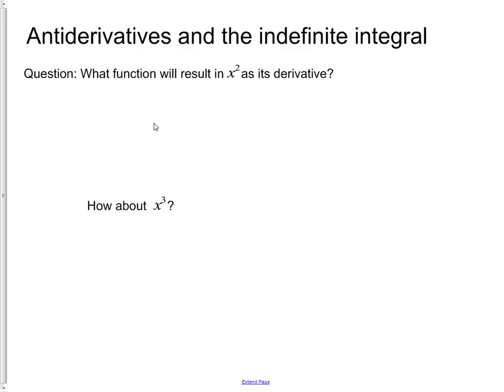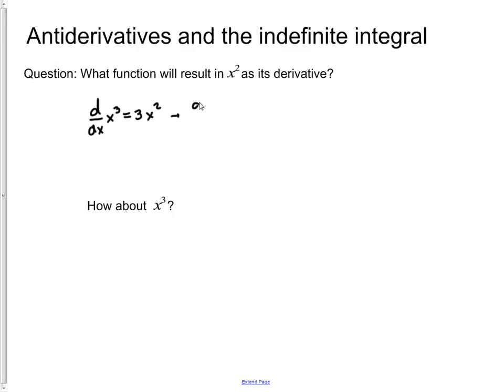Now, a moment's thought: if I had an x cubed function, that might do it, wouldn't it? Let's take the derivative of x cubed, but we note that when we do that, we end up with 3 times x squared as its derivative. But there's no 3 here. So a moment's reflection: if we took 1/3, perhaps, would that do it?